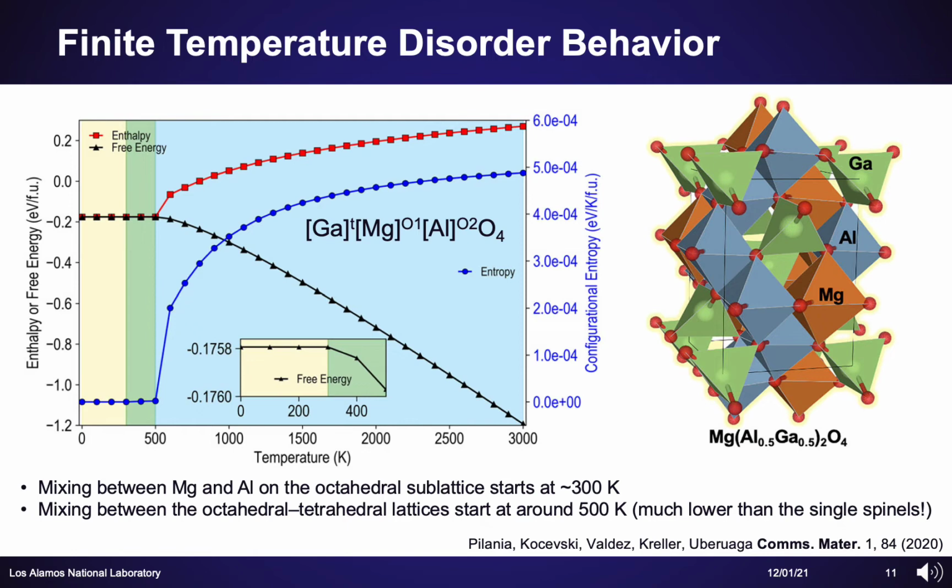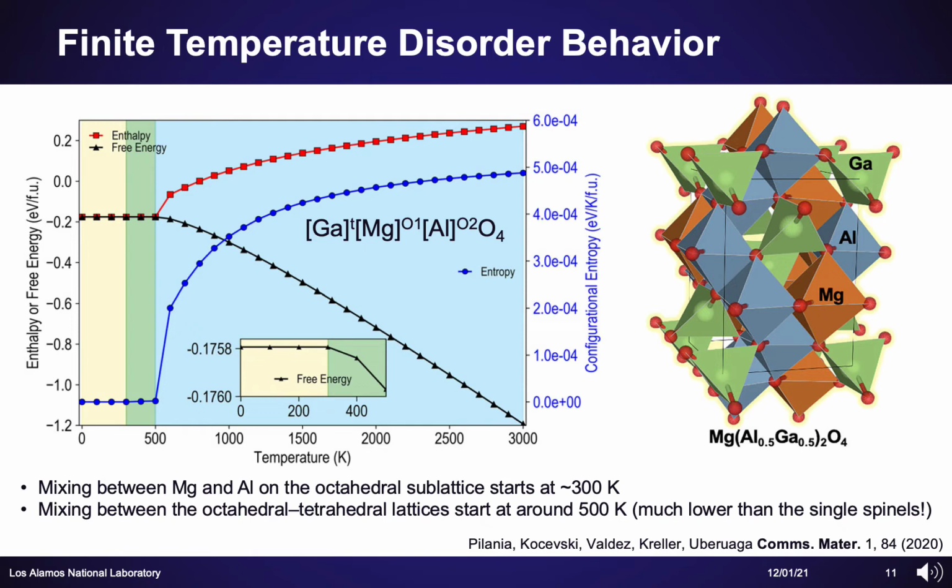We also note that for magnesium aluminate, the tetrahedral octahedral mixing temperature has been reported to lie between 750 and 930 Kelvin in different experimental studies. For the inverse single spinels magnesium gallate and magnesium indate, the corresponding values are relatively higher, 1100 Kelvin and 1300 Kelvin respectively.